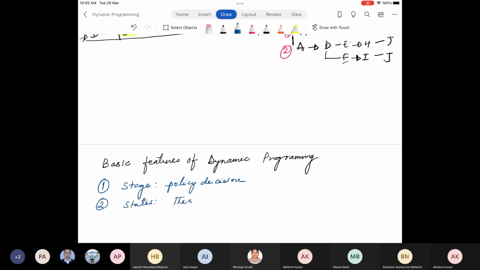There can be a number of states associated. Suppose there is only one state possible with each stage, what does that mean? I have only one state possible with each stage.